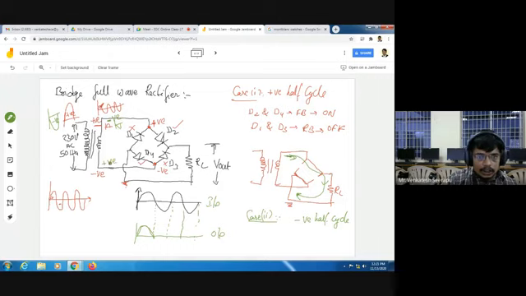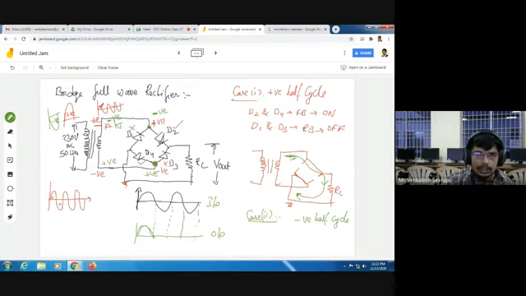If negative comes on top, positive comes at the bottom; if positive comes on top, negative comes at the bottom. Now here at this point I will get a negative sign, at this point I will get a positive sign. So green marks are for applying a negative half cycle, red marks for applying input as a positive half cycle.